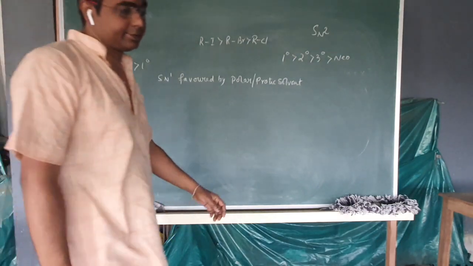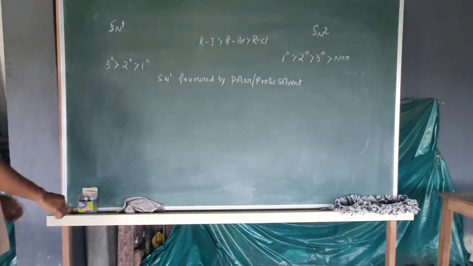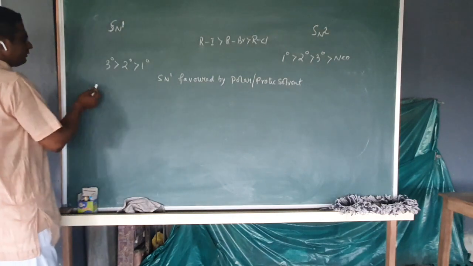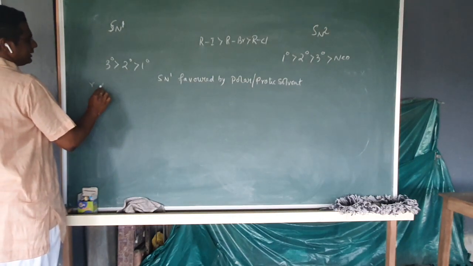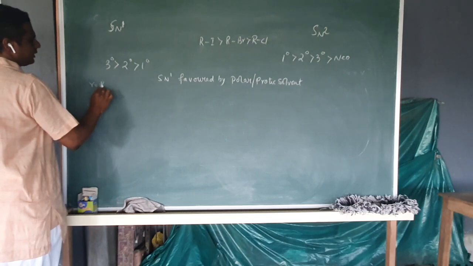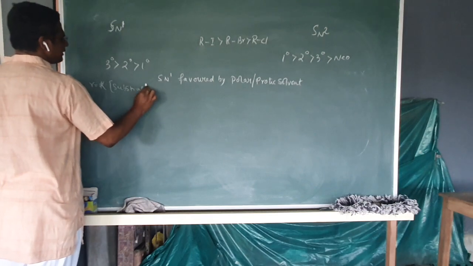Next point is concentration and nature of nucleophile. See, in case of SN1, you know it very well that rate is equal to K substrate, right?